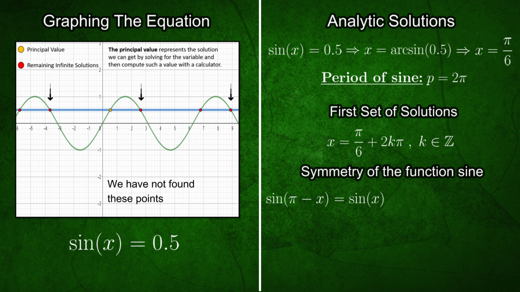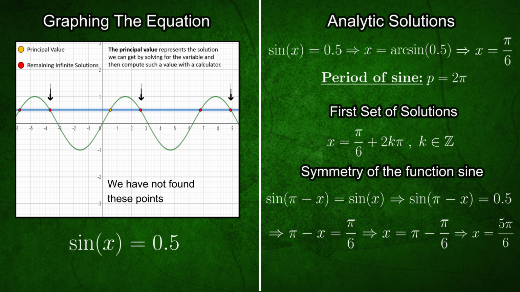Thus, for finding the other solutions, we need to solve this new equation: sine of pi minus x is equal to 0.5. If we apply the inverse of sine, we get that pi minus x is equal to arc sine of 0.5. Therefore, if we solve for x, we get that x is equal to pi minus arc sine of 0.5, which we know is equal to pi over 6.